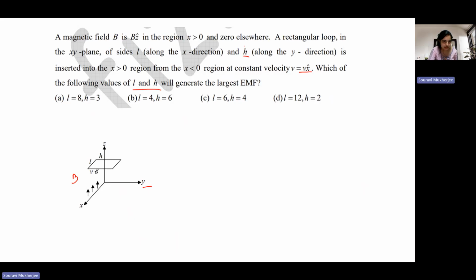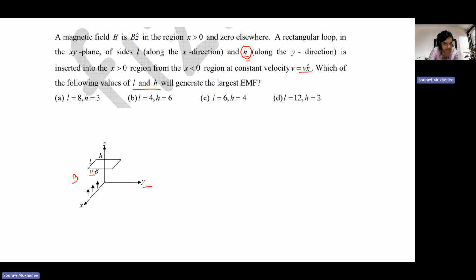So that means if H is maximized, the EMF will get maximized. Now you can look at all the options and see which combination gives us the maximum value of H. L does not matter, right? Because in this direction, it's the velocity that controls the flux change.